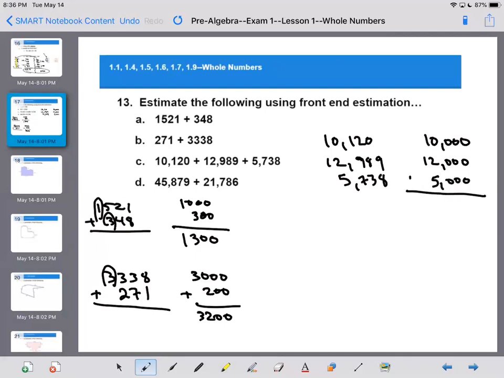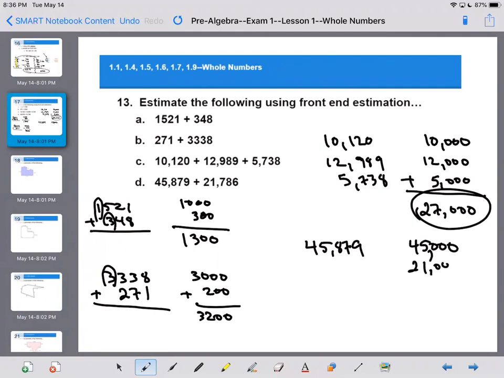So this is 22, this will be 27,000 on the low end. And then 45,879, we could say 45,000. And 21,786, we could say 21,000. So this would be 66,000 as an estimate on the low end.